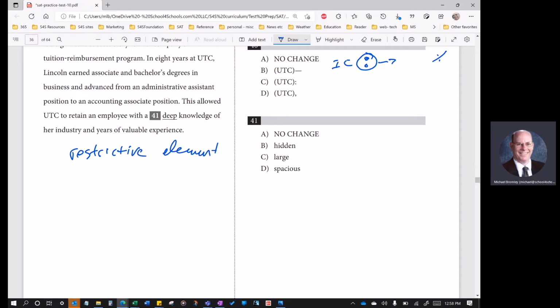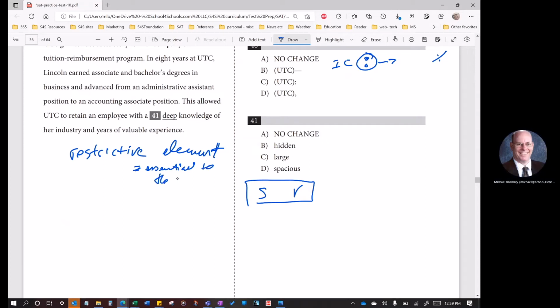It could be a clause or a phrase; we can think of subjects and verbs as restrictive. And what that means is that they are essential to the sentence. Okay. So a restrictive element, therefore, if I remove it, the sentence is no longer sensical.